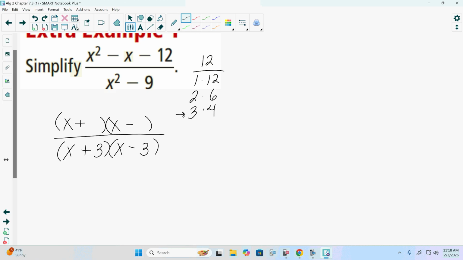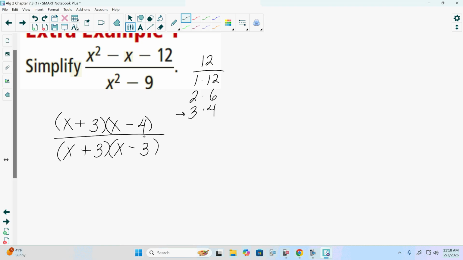Because if there's something in common, something simplifies, it has to be either x plus 3 or x minus 3 on top. So I know that's a first choice, one of the first ones we can try. Yes? Questions on this so far?